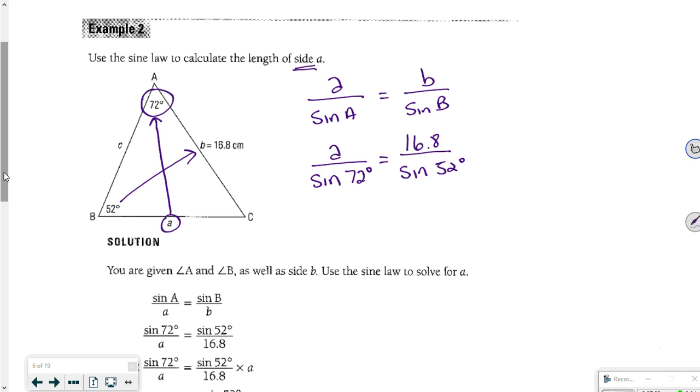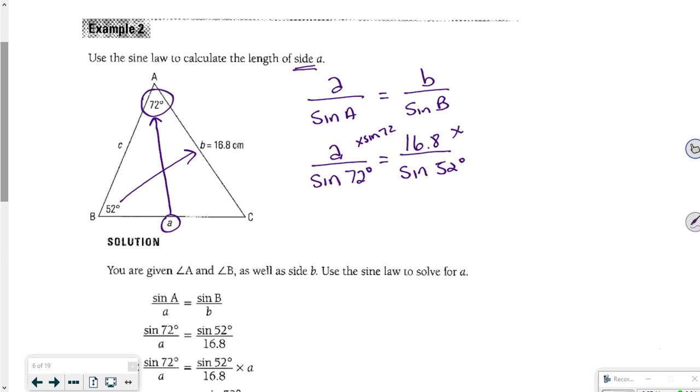Then I just have to rearrange and solve. To get this A, lowercase a, side A, on the top by itself, I have to get rid of the divide by sine of 72. And to get rid of a divide by sine of 72, I do the opposite. I times sine of 72. And if I do it to one side, I have to do it to the other side.